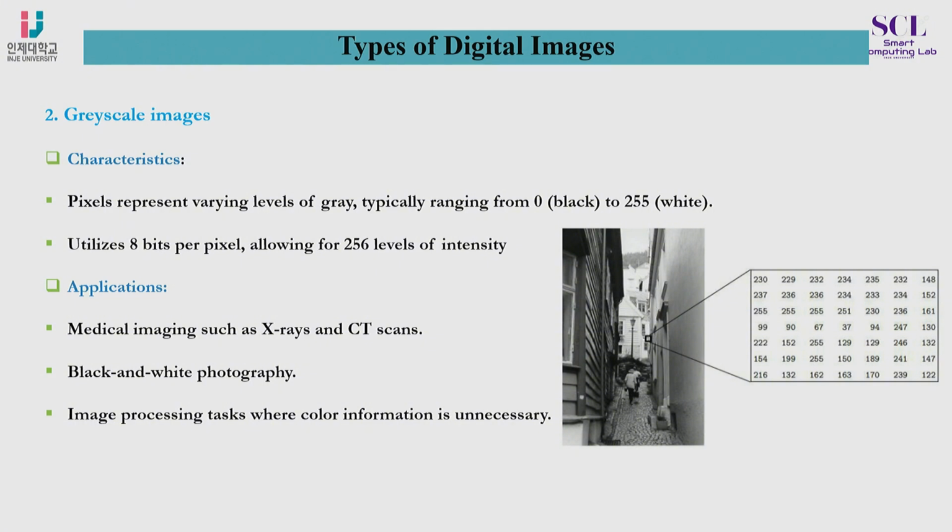Where we don't want to focus on the color of the image, we can just use grayscale so that it helps computationally. For example, if we deal with color images, the processing time will be more, and it also needs high computational resources.